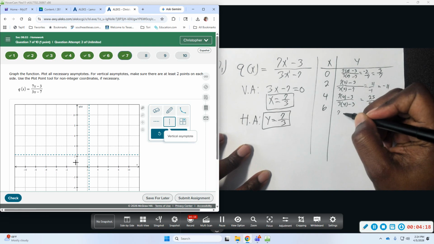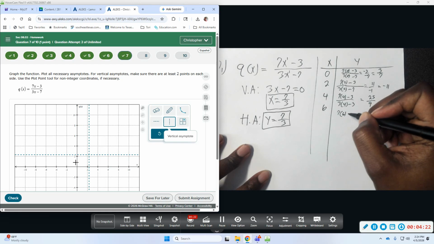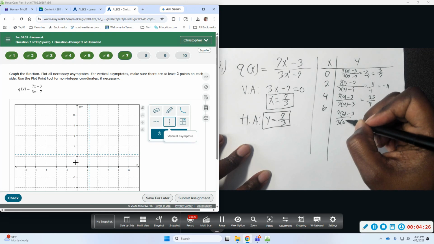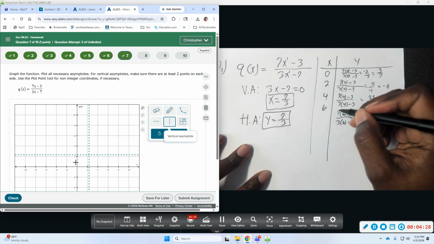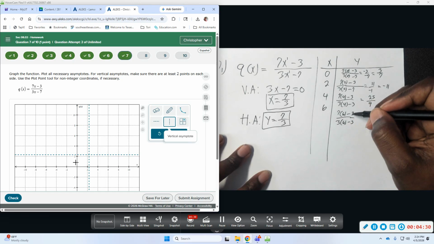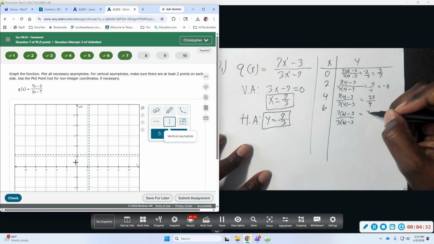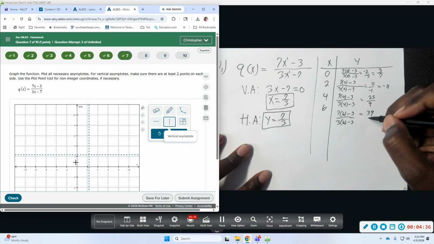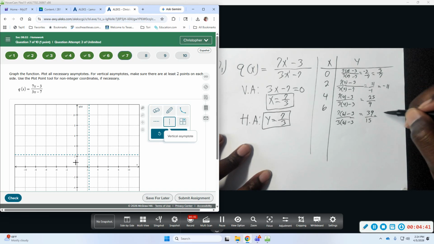So 7 times 6 minus 3 over 3 times 6 minus 3. All right, 7 times 6 is 42. 42 minus 3 is 39. 3 times 6 is 18. 18 minus 3 is 15. Both of these are divisible by 3. That will give us 13 over 5. All right, so we got our ordered pairs.